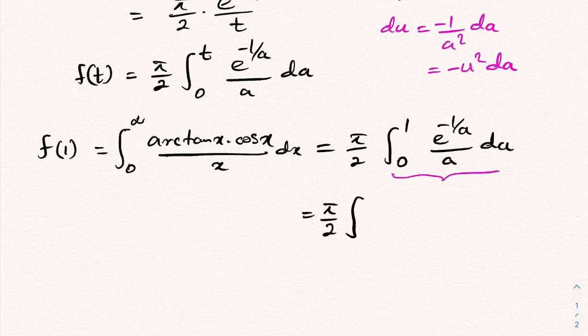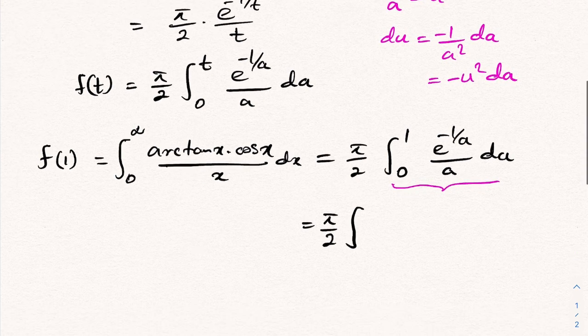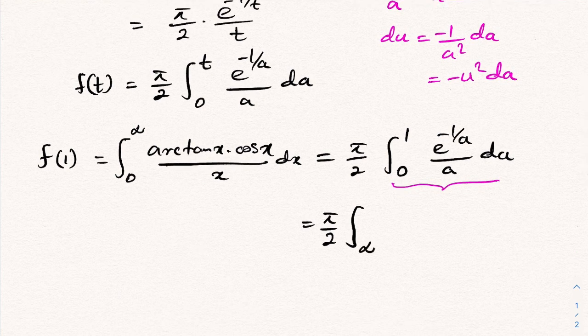Now we should change the boundary. When a approaches 0, u approaches infinity; a approaches 1, u also approaches 1. And here e to the minus 1 over a is e to the minus u, and over here a is 1 over u, so 1 over u dA.